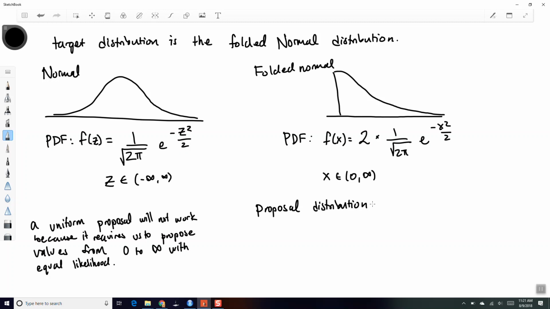Yeah, we can use the exponential distribution. That's easy, right? So for the proposal distribution we can use the exponential distribution with lambda equal to 1, okay, where g of x is lambda e to the negative lambda x, which in this case would just become e to the negative x.